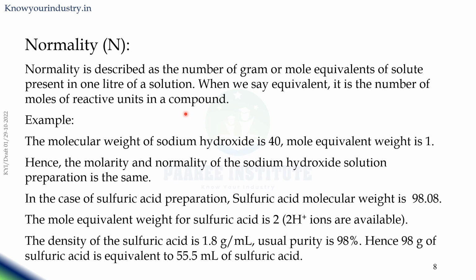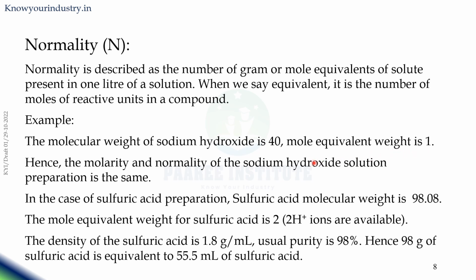So what are the reactive units in a compound? Sodium hydroxide has the formula NaOH, in which the reactive unit is OH minus. So OH minus is 1 unit, hence the mole equivalent of sodium hydroxide is 1.